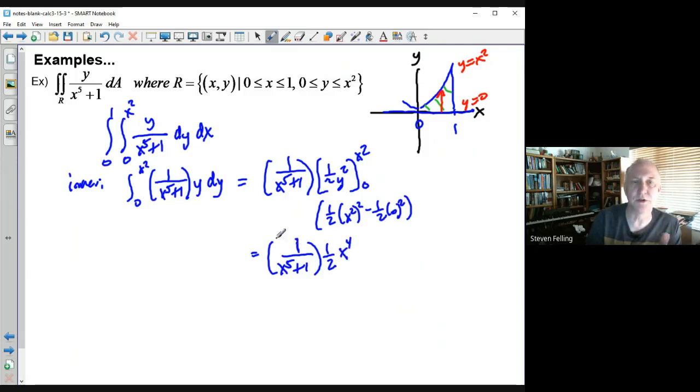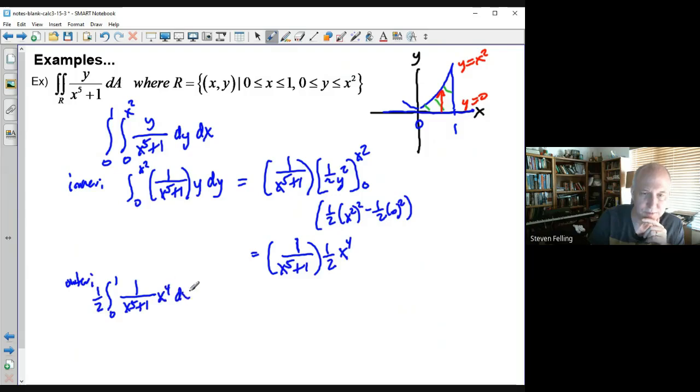All right, then we have to integrate that with the outer integral. So for the outer integral, we're doing the integral from 0 to 1 of that. So I have a 1/2. I'm going to put that outside. I've got 1 over x to the 5th plus 1, and then I've got x to the 4th dx. So we're taking this integral now of what resulted from the inner integral.